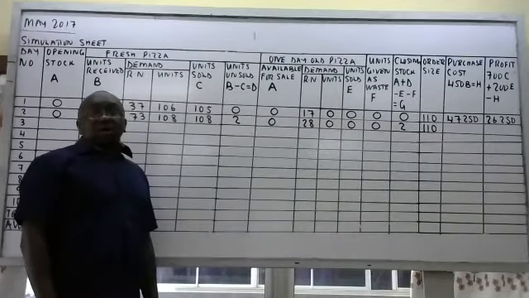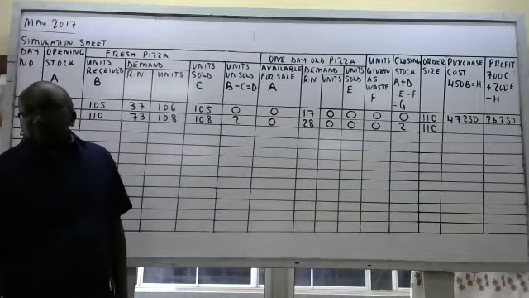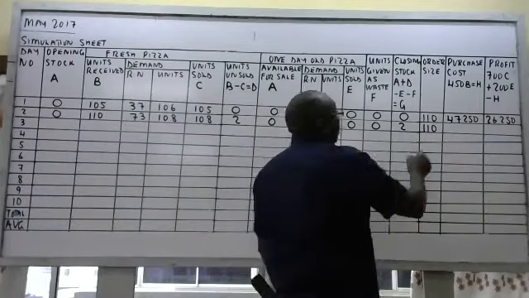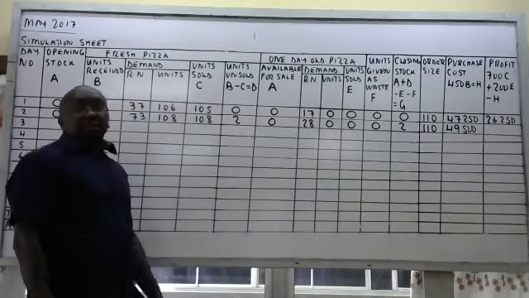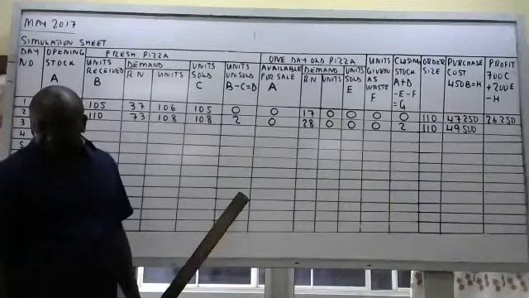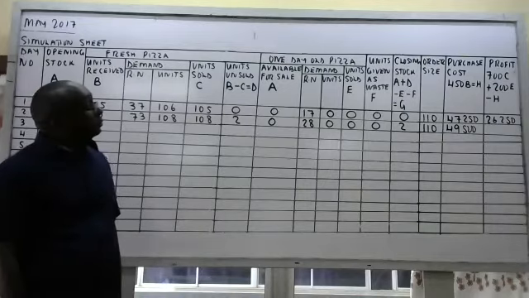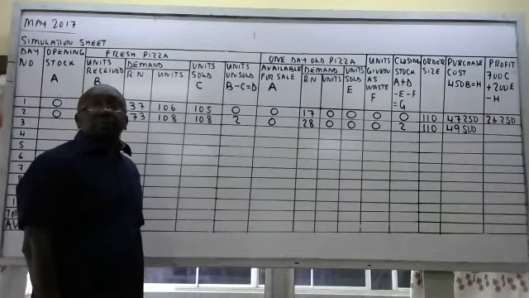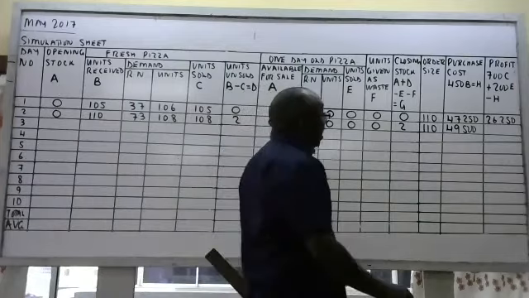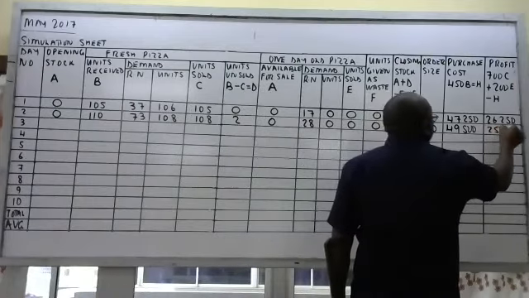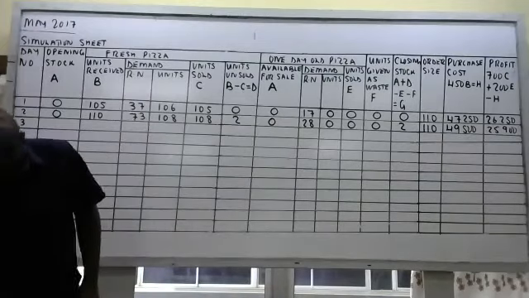So give me the purchase cost. 49,500. Based on that, the profit is 25,900. And a different figure we see.